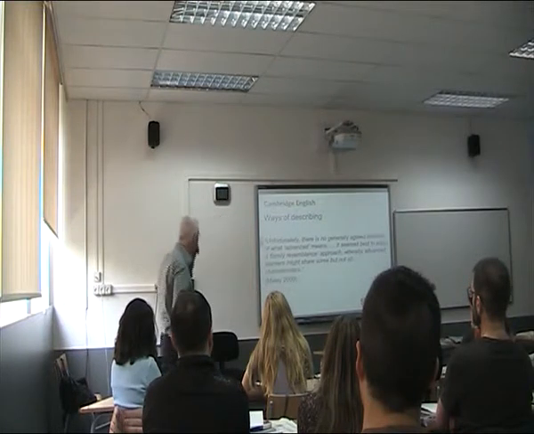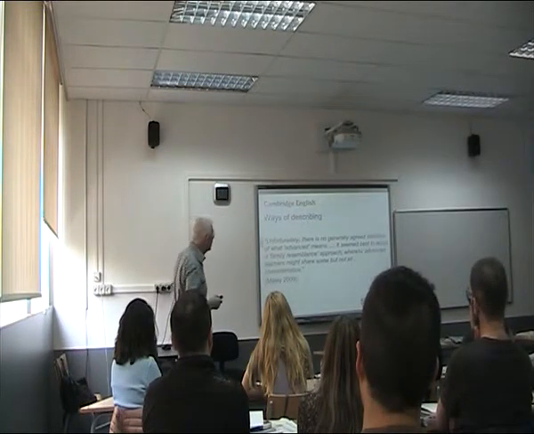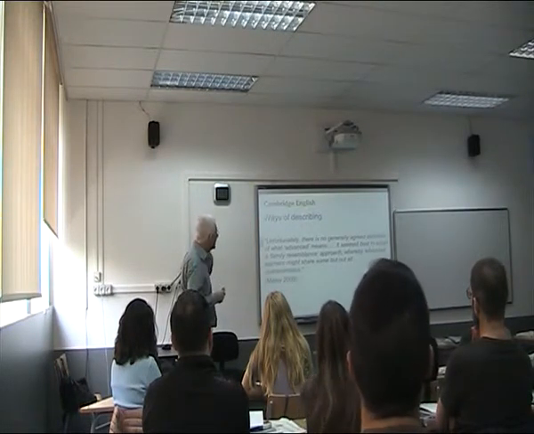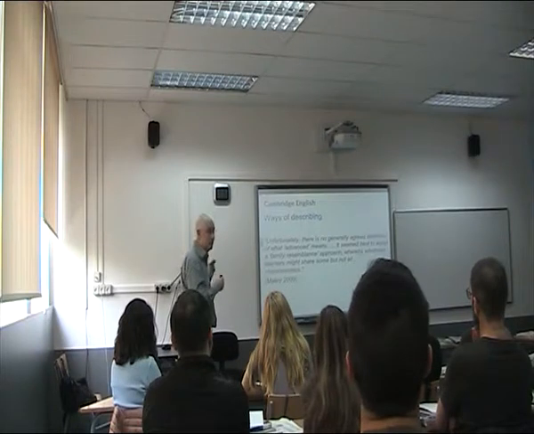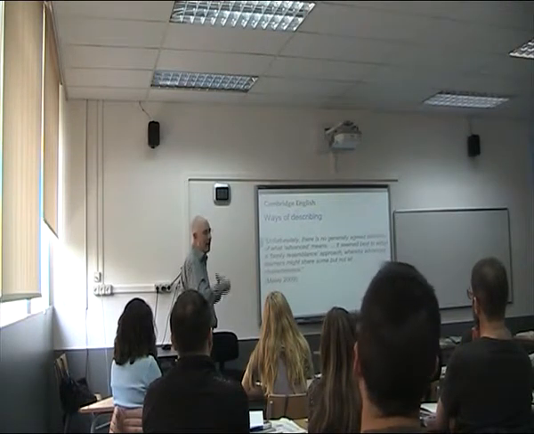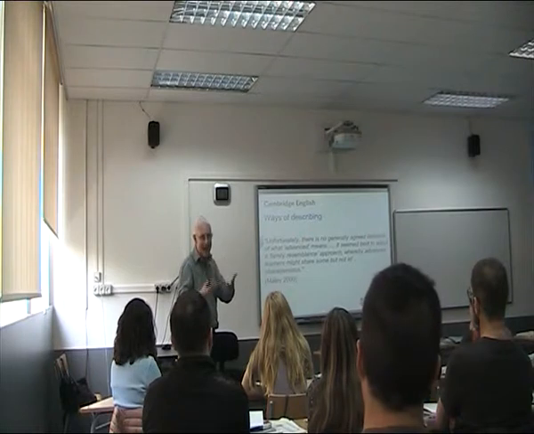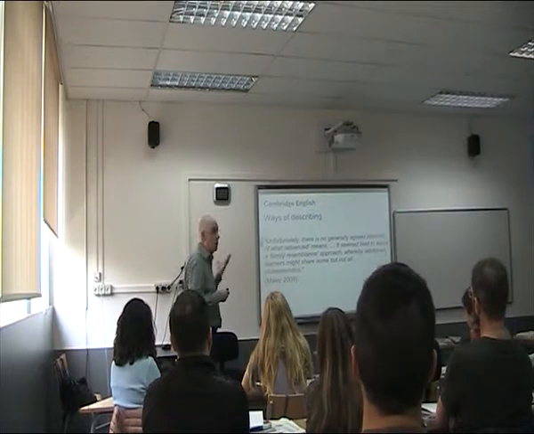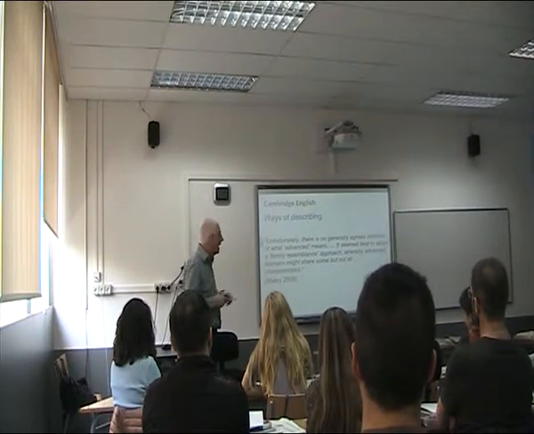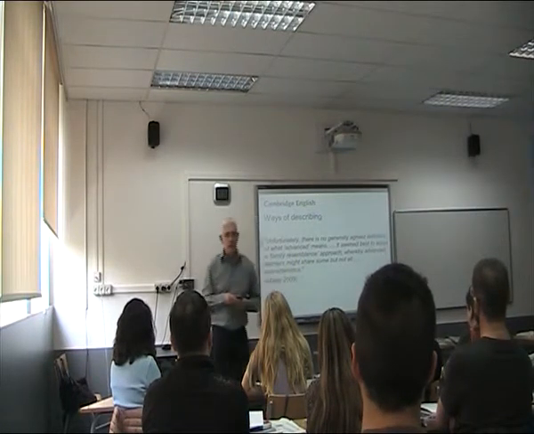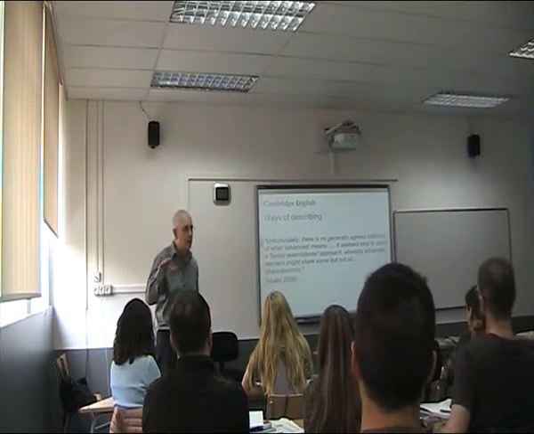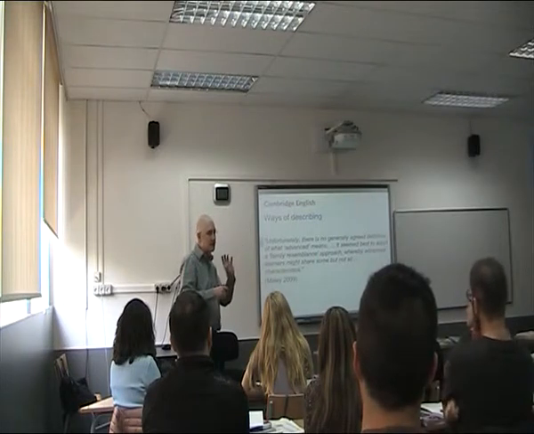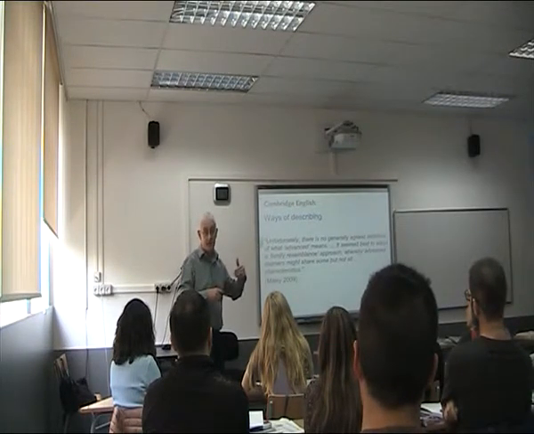This is a quote from Alan Maley, where he says, unfortunately there's no generally agreed definition of what advanced means, and it seemed best to adopt a family resemblance approach. Okay, they kind of look like an advanced learner, they kind of behave like an advanced learner, whereby advanced learners might share some, but not all characteristics, which is quite nice, because I think you probably will have perceived with advanced learners that they're sometimes stronger in some skills than in others.